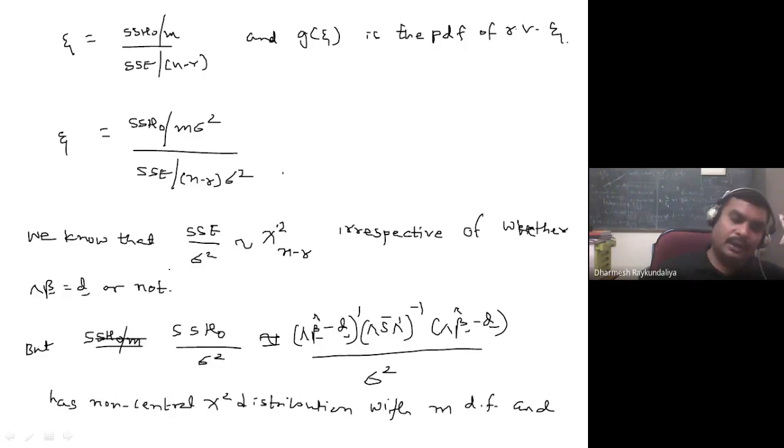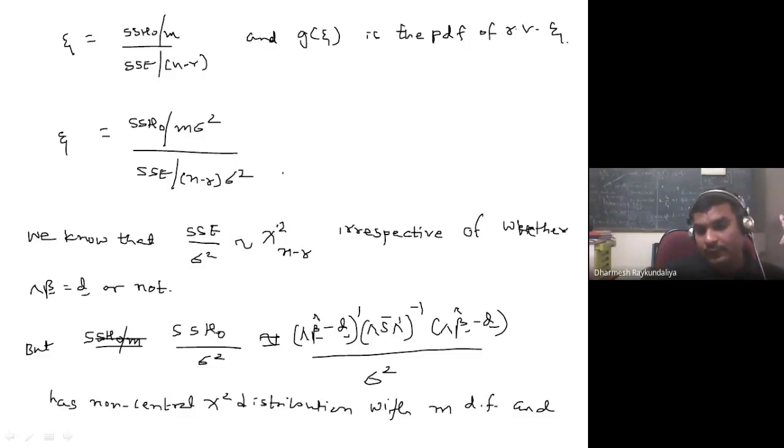Because lambda beta belongs to the estimation space, it is a parametric function, while SSE upon sigma square belongs to the error space, and both are orthogonal and independent. So whether lambda beta equals d or not, it has no connection with the SSE. That is how we said that SSE upon sigma square has the chi-square distribution with n minus r, which we have already derived in the previous lecture.